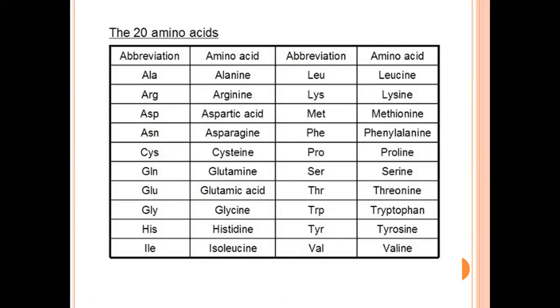So if any protein has arginine, lysine, and histidine abundantly present, that protein will be basic in nature and it will have a dash charge. Which charge will it have if it is basic? Negative. How negative?